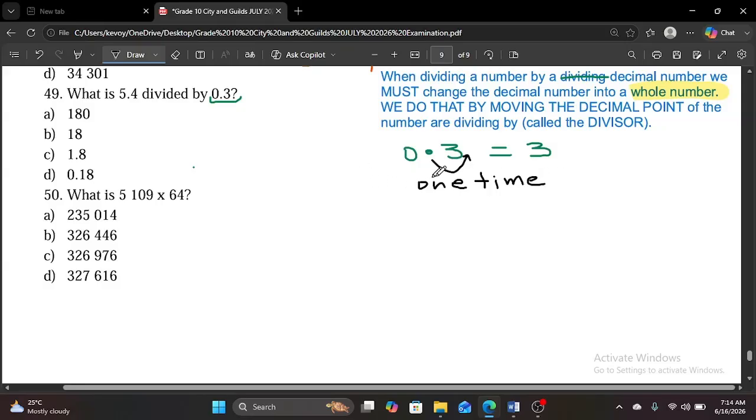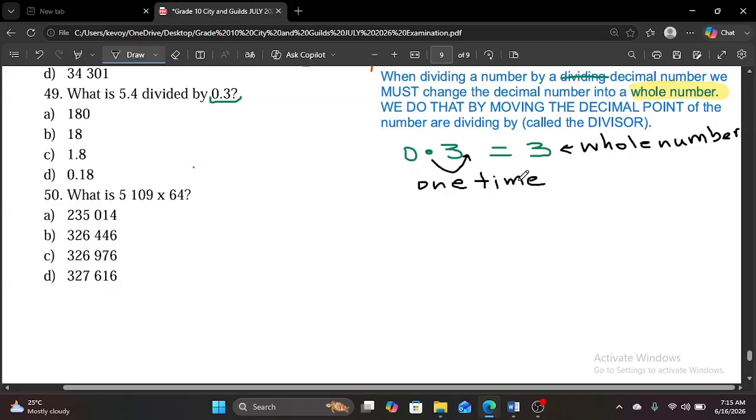So that means our divisor should always be a whole number. If you have a decimal number, you convert that into a whole number. We should not divide by a decimal number.